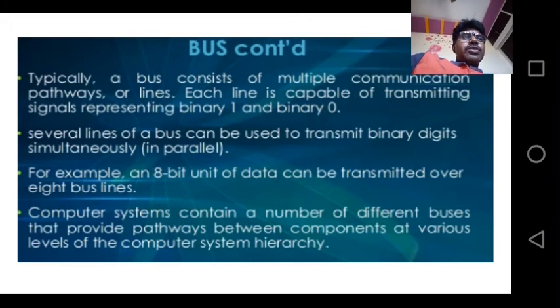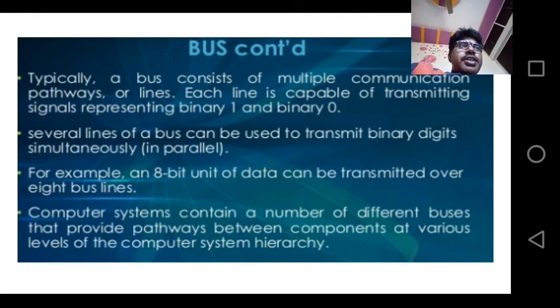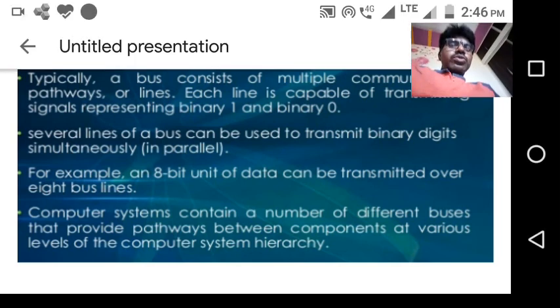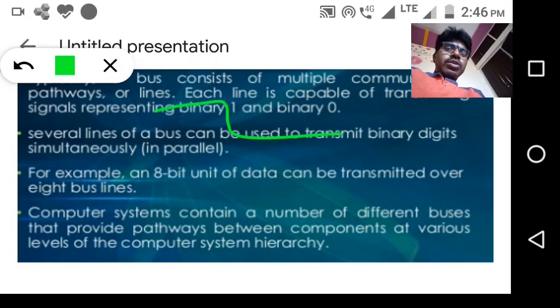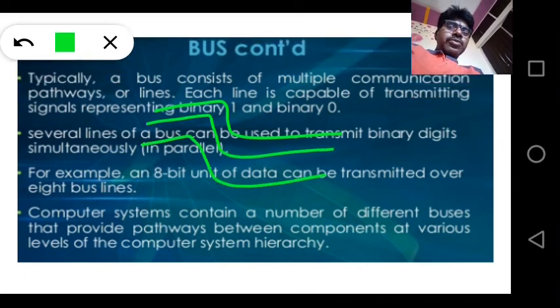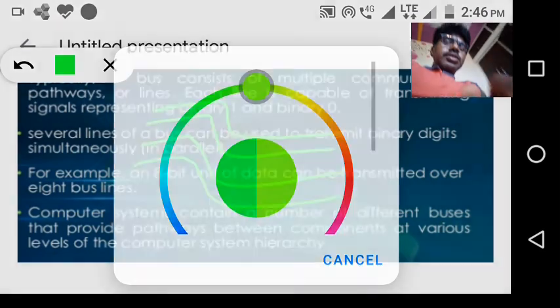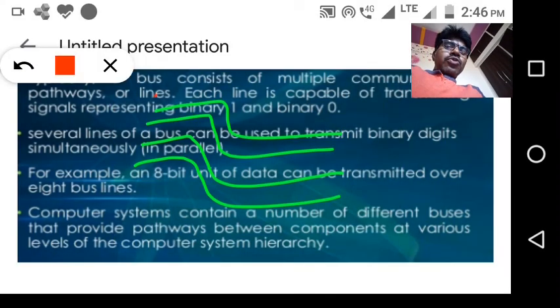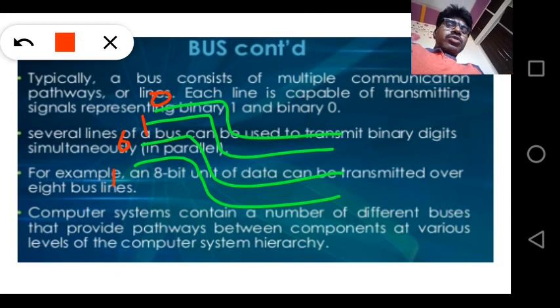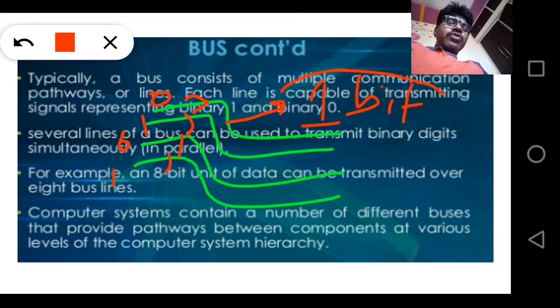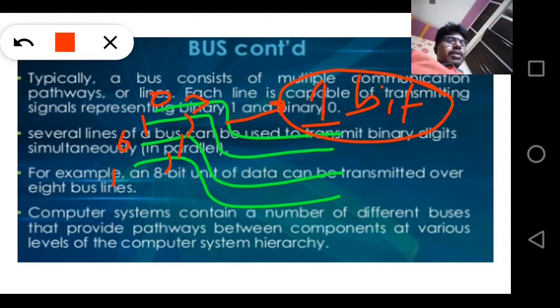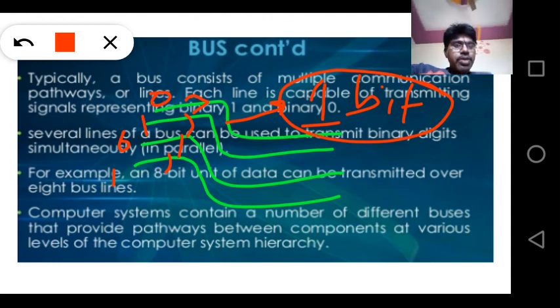Typically, a bus consists of multiple communication pathways or lines. Each line is capable of transmitting a signal representing a binary 1 or 0. Just now we saw this on the motherboard. If I have 4 lines, that means 4 bits of data, because each wire is capable of sending 1 bit of information.